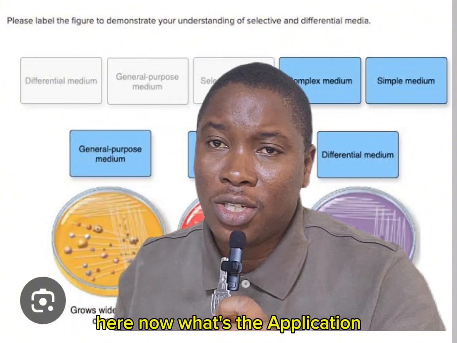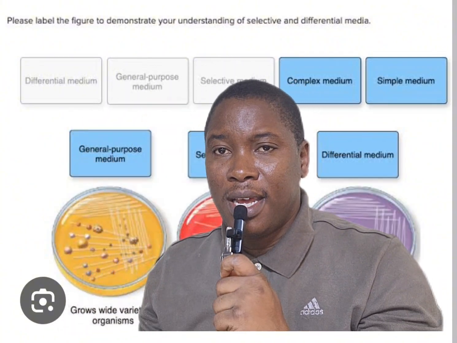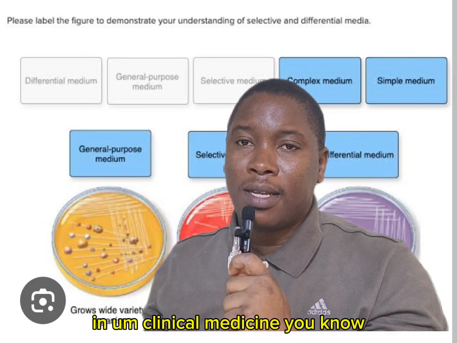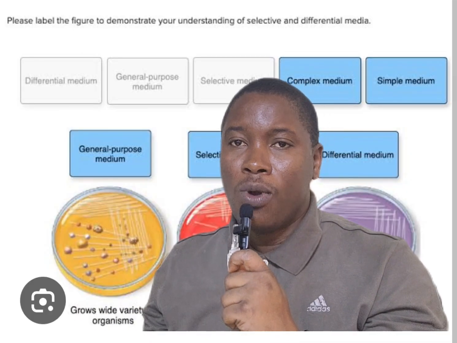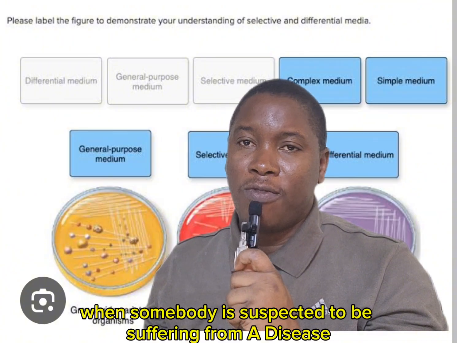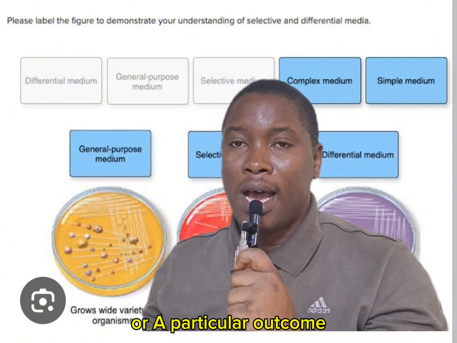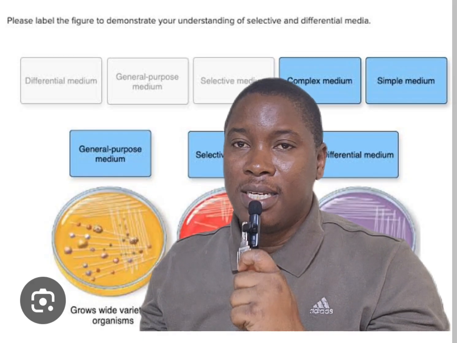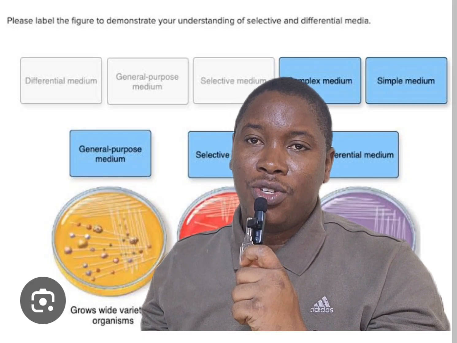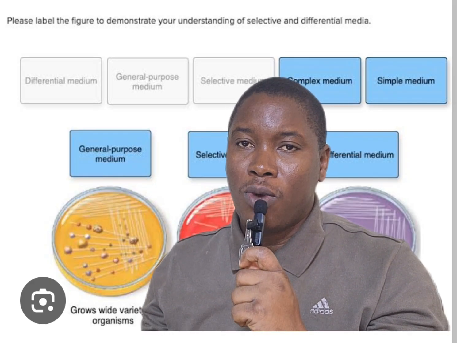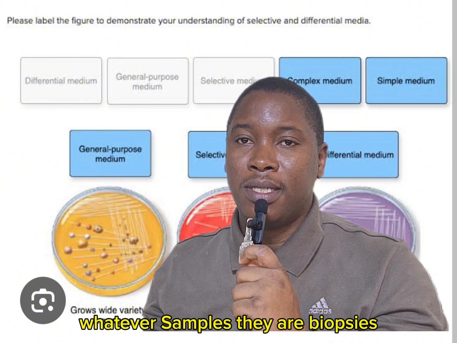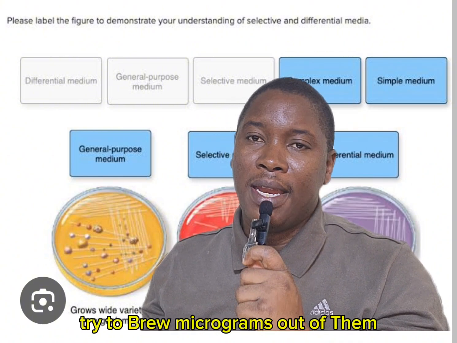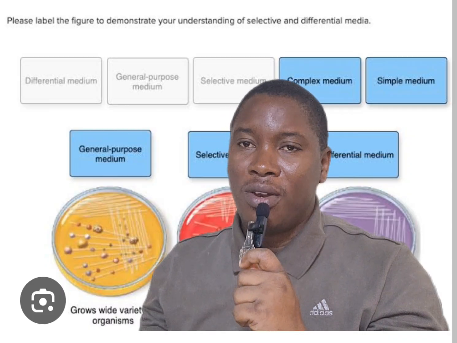Now, what's the application of all of these kinds of media? The applications are simple. You have applications for them in clinical medicine, when somebody is suspected to be suffering from a disease or a particular outcome, we want to be able to analyze the samples from such an individual: saliva, feces, urine, blood samples, whatever samples they are, biopsies. We analyze them, try to grow microorganisms out of them, and then we have this selective or differential media.